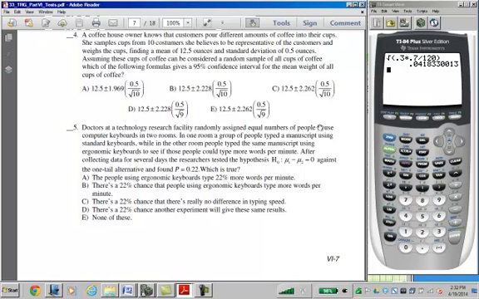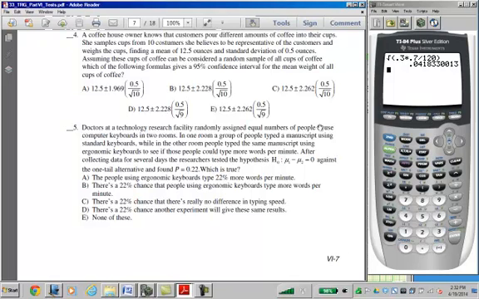Another p-value, p equals 0.22. Which is true? A, people using ergonomic keyboards get 22% more. Whoa, that has nothing to do with the p-value, the probability of the sample statistic occurring randomly, assuming the null hypothesis is true. It's a statement about the population.